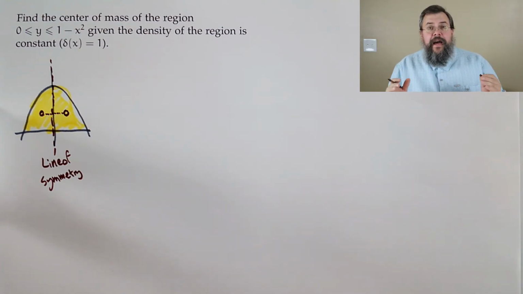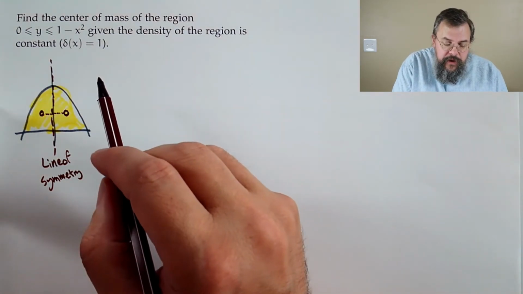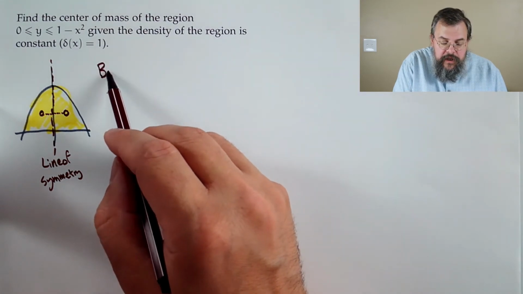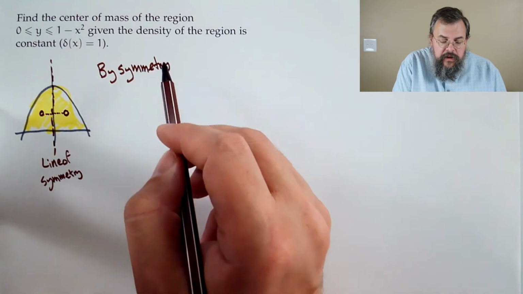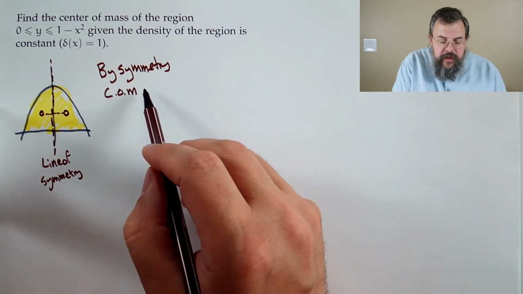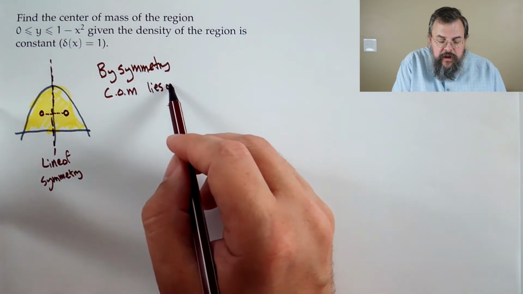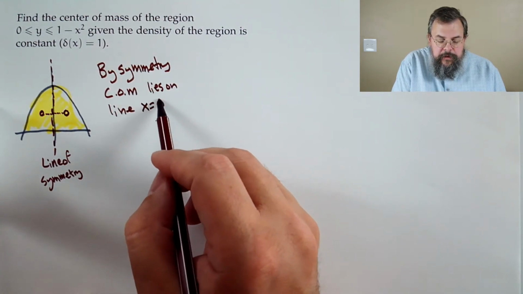Well, our center of mass will always be on any line of symmetry. And therefore, we can conclude the following. By symmetry, we know our center of mass, I'll just abbreviate center of mass, that's COM, lies on the line x equals 0.